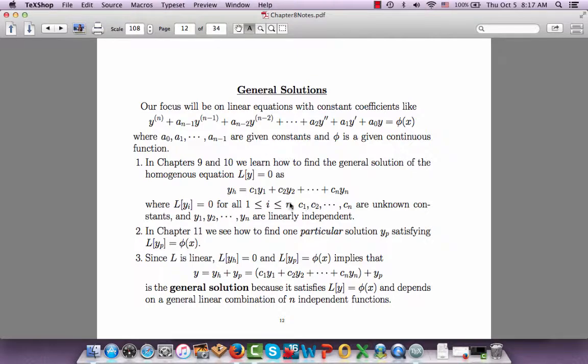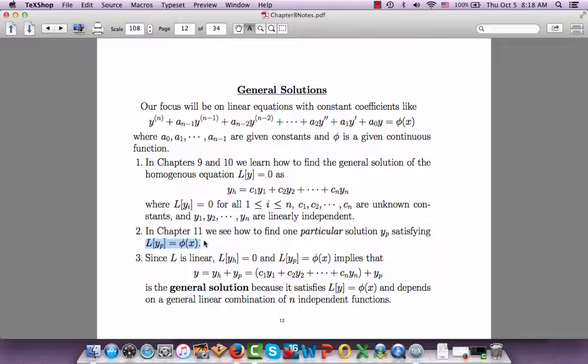So then what it comes down to is, if we have this solution to this part, then all we have to do is add to y sub h one particular solution of our general equation up here. Just one. We can find just one particular solution. And that's what Chapter 11 talks about, finding a specific kind of function, yp, p for particular, which does solve our equation. The problem is, if you just find this one particular solution, it's a specific function and it may not satisfy initial conditions.